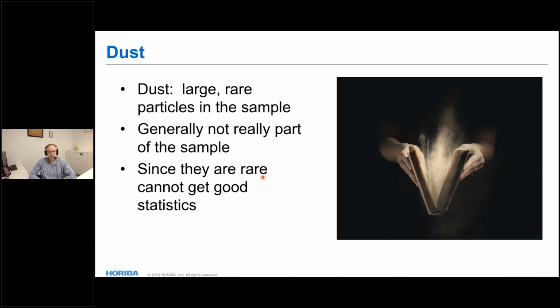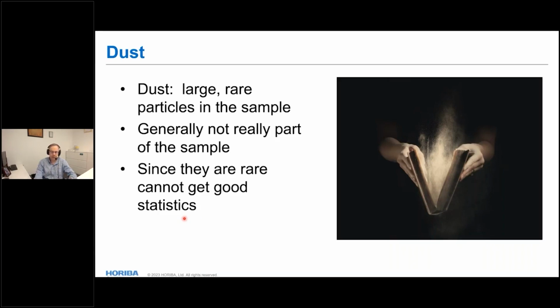There are not very many of them, and I say that almost by definition, because if there are a lot of dust particles in your sample, that's part of your sample. If you have a few particles falling from the air, that's rare. You cannot get good statistics of a small number of particles in your system, and so they give you experimental misfits. Generally, they also distract from the particles you're trying to analyze.